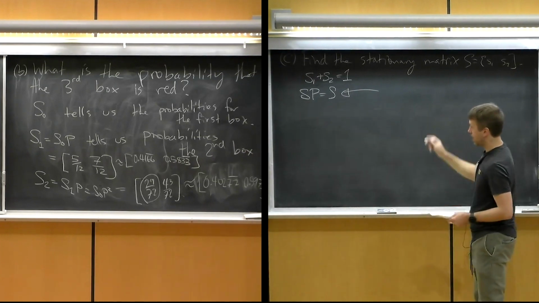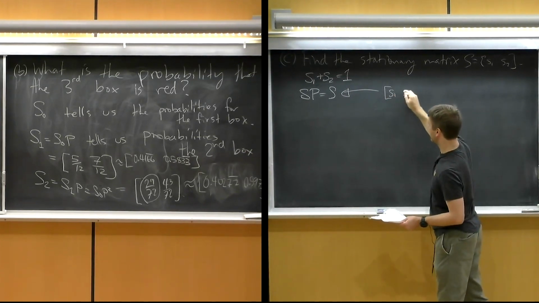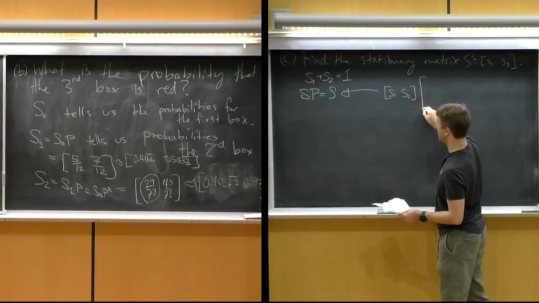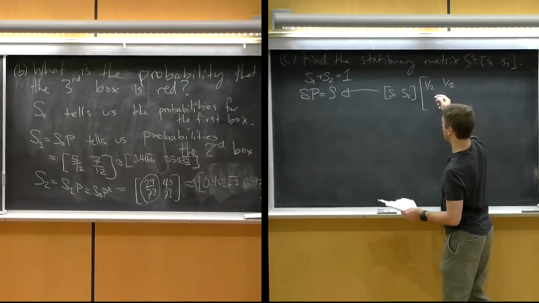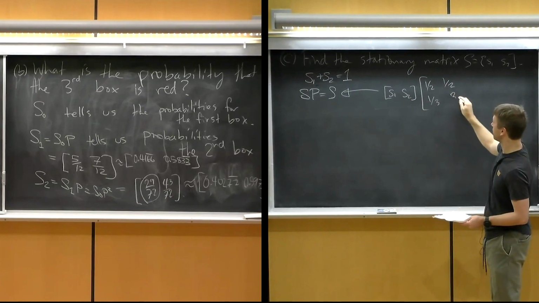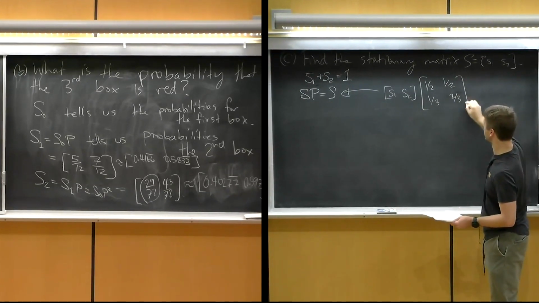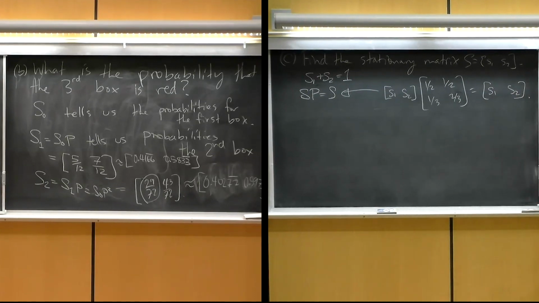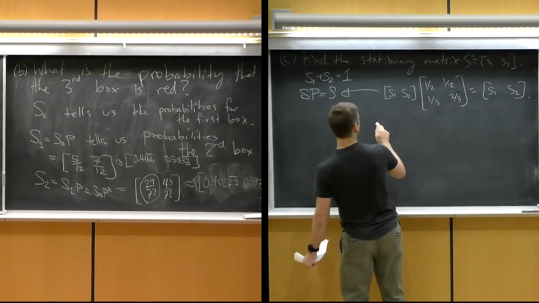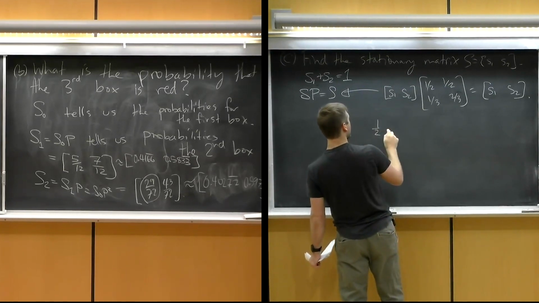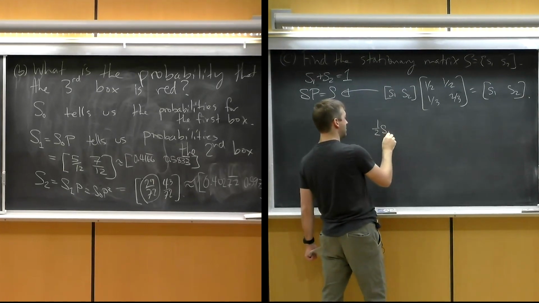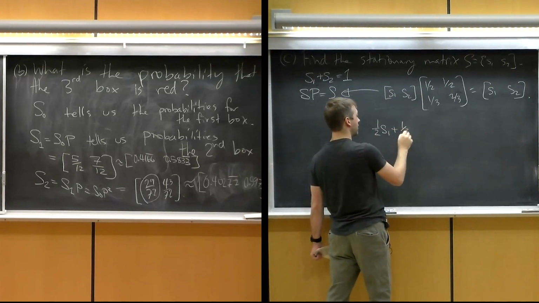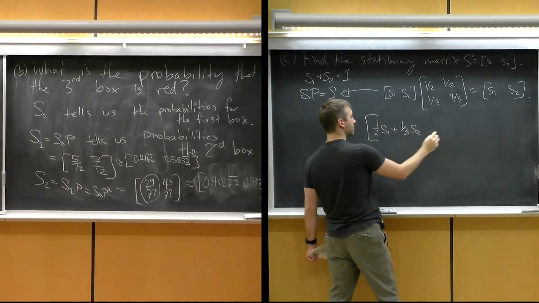Okay. S times P equals S just means, if I expand that by writing the actual matrices, that just means this. Which is the same as a half times S1 plus a third S2 as my first.